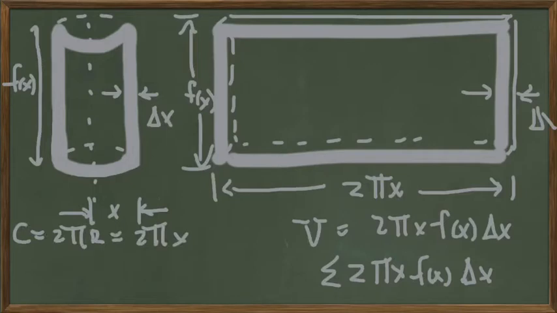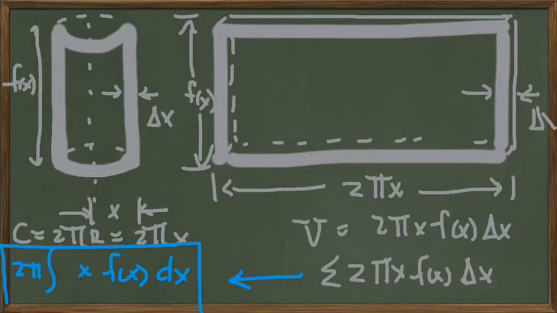as the thickness of these shells gets smaller and smaller, the delta x gets smaller and smaller, and we are summing essentially infinitely many of these, so the error goes away, the summation sign becomes an integral, the delta x becomes a dx, and we have 2 pi x f of x dx as our volume formula for finding volume using this method.